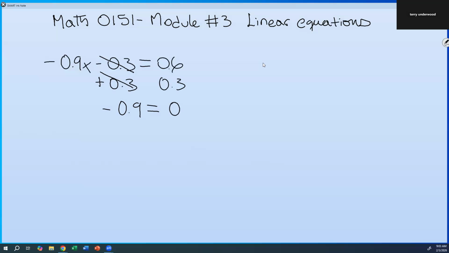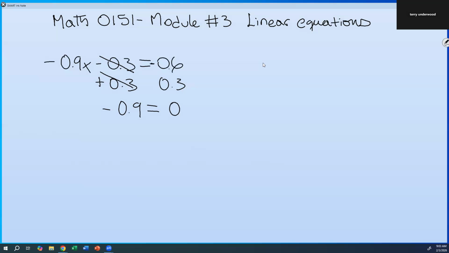Oh, that is a negative sign. It's a negative 0.6.